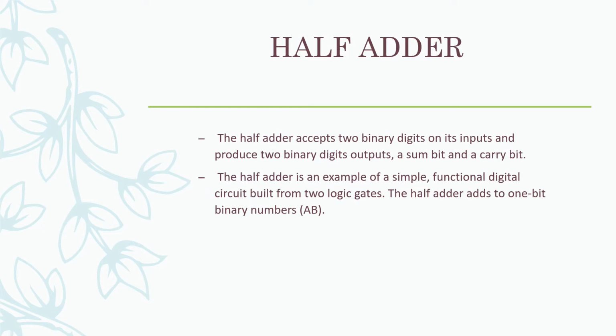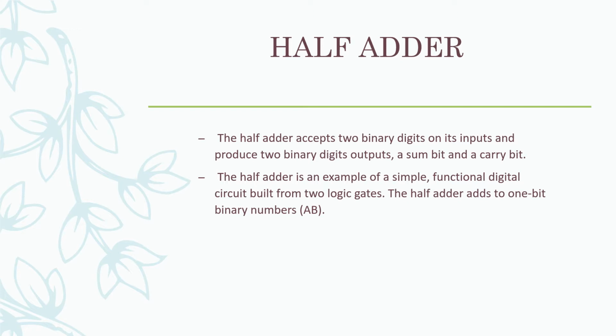So first we'll see the half adder. The half adder accepts two binary digits on its input and produces two binary digits as output. We have seen in the case of logic gates, usually we had two inputs and only one output.